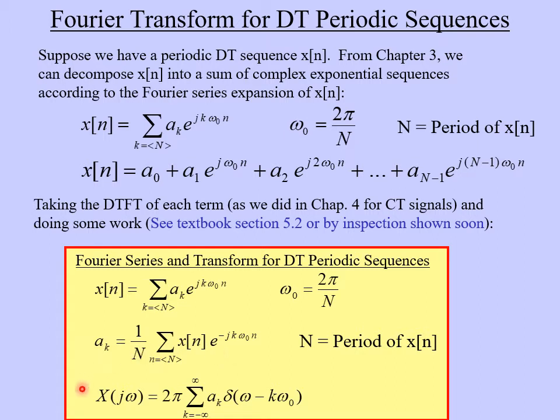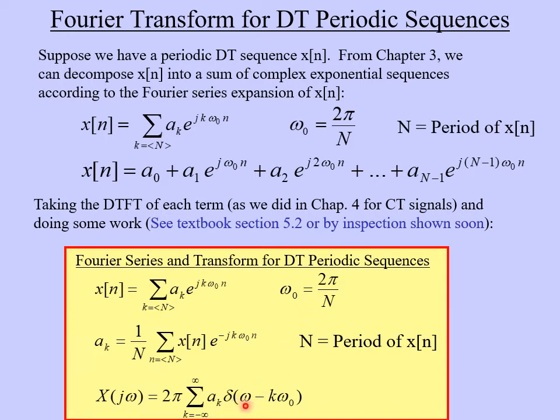Finally, to get the Fourier transform of x of n, which is given by X of j omega here, this is the formal description of the Fourier transform, but what it consists of is a bunch of delta functions in frequency. These delta functions are sitting at the harmonic frequencies, which are just multiples of omega naught, given right here.